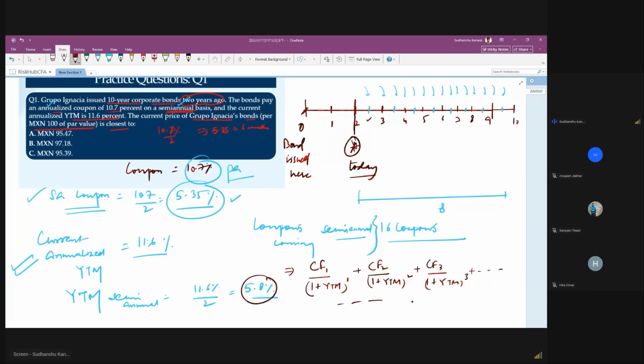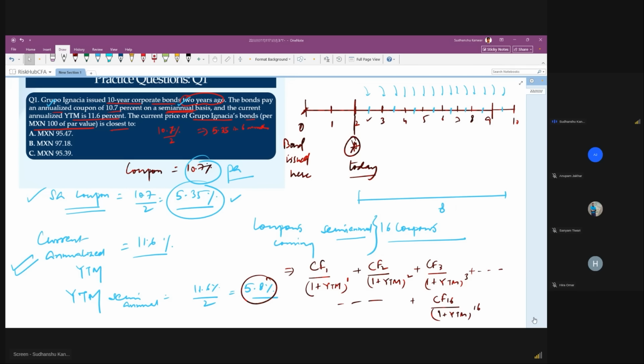And the last one will be CF16 over 1 plus YTM raised to power 16, right? Ultimately, this is my generic equation of solving the present value, right? Am I right? The present value will be solved like this.